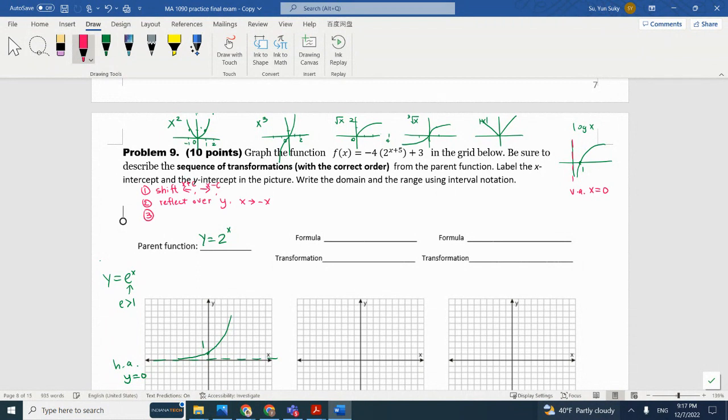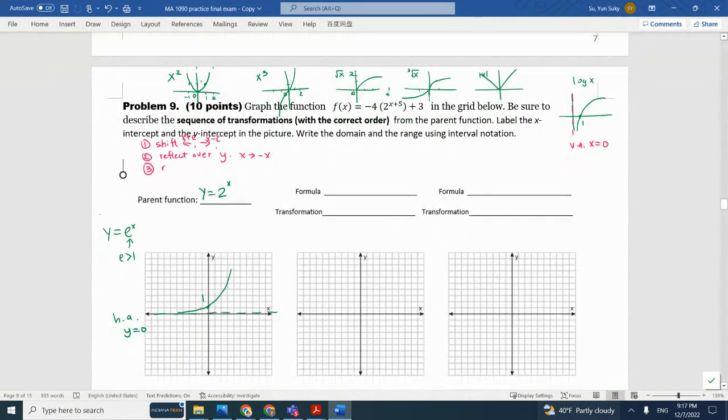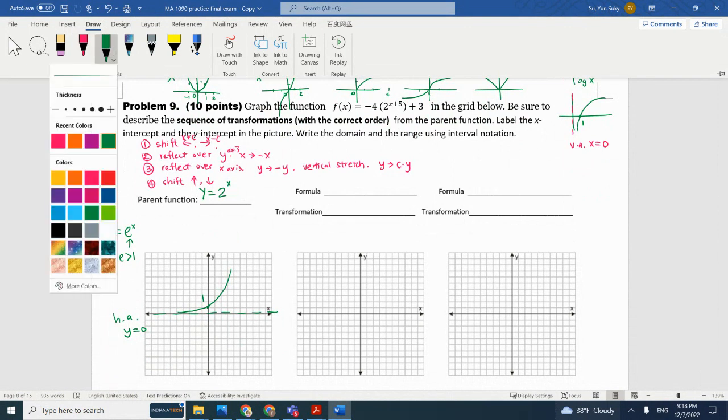The third step is reflection over the x-axis. Then you will have a minus sign in front of the y. Also we have vertical stretch. Then y changes to a number times y. Finally, shift up or down.